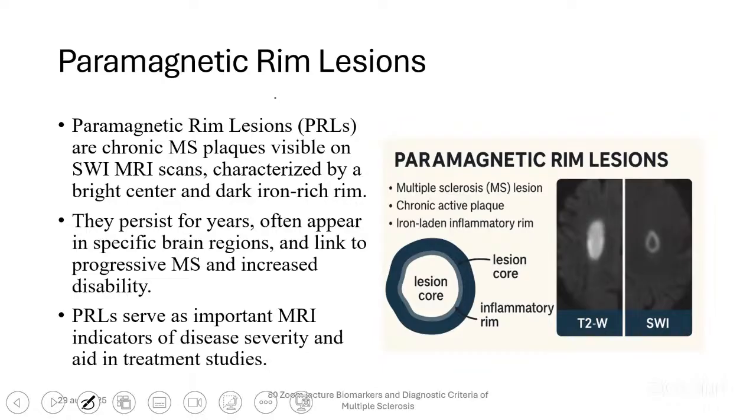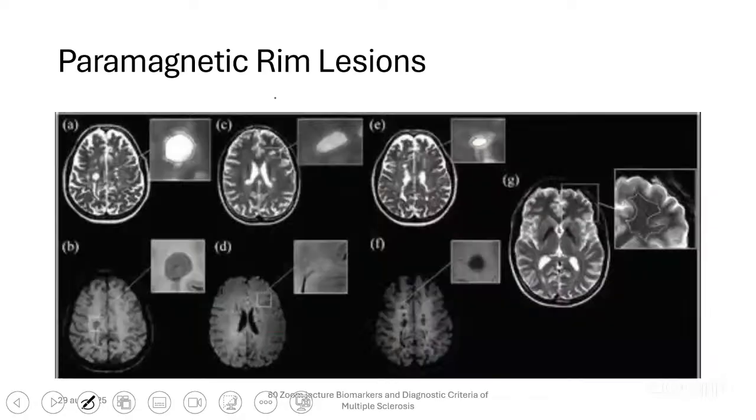They are chronic MS plaques visible on SWI MRI scans, characterized by a bright center and a dark iron-rich rim. They persist for years, often appear in specific brain regions, and link to progressive MS and increased disability. PRLs serve as important MRI indicators of disease severity and in treatment studies.